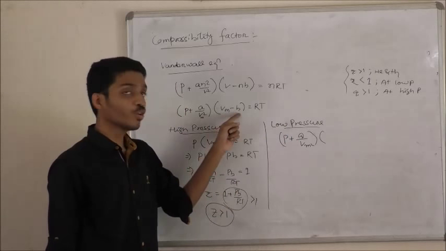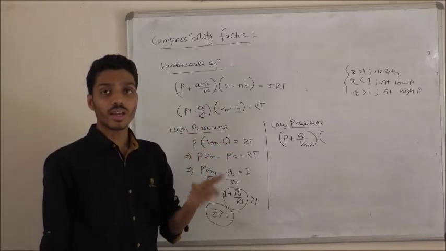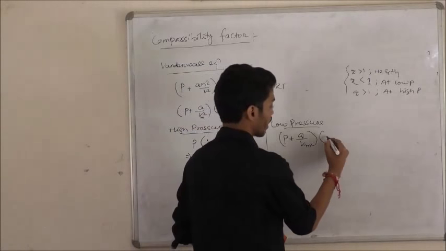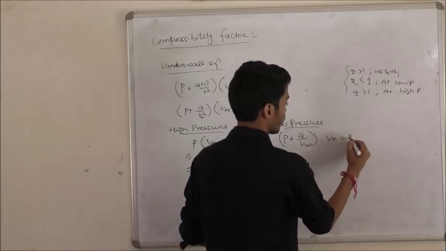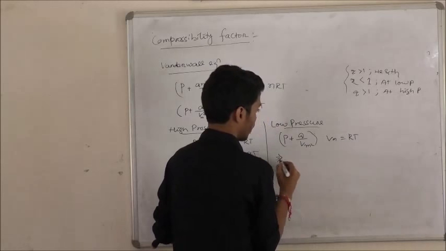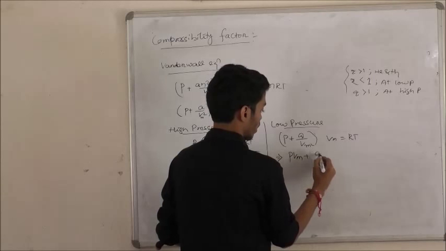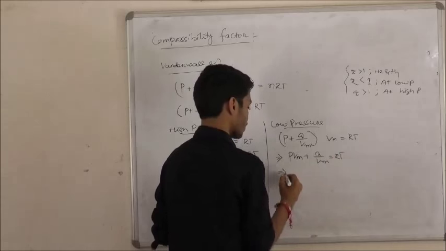And since volume is high, we can neglect this b term in comparison to Vm. So if we neglect b, it will be Vm, and this equals RT. This implies PVm + a/Vm = RT.